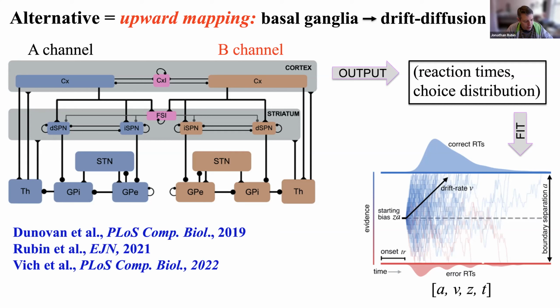So if downward is from conceptual down to the brain, what we're doing with an upward mapping is going the other way, right? What I have here is two copies of the basal ganglia wiring diagram.